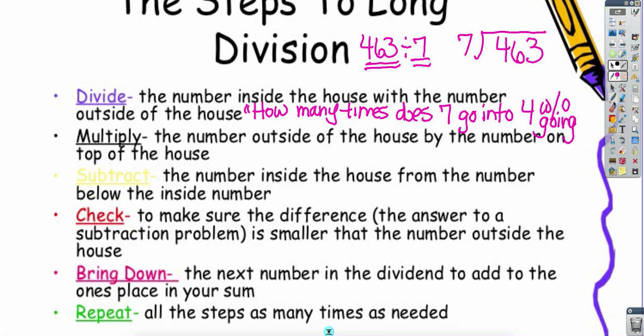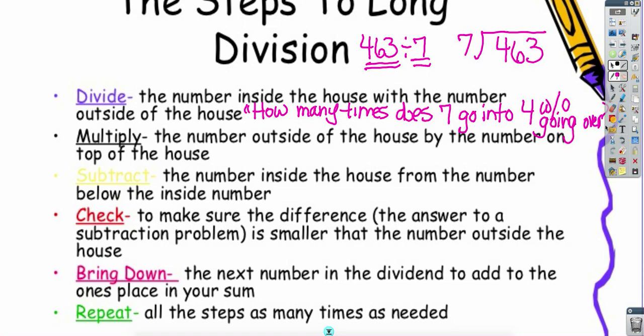Okay, that's another way to think about it. And a lot of children should ask themselves that question. Okay, so we're on the D part. That's what I'll be using. How many times does this number go into this number without going over?